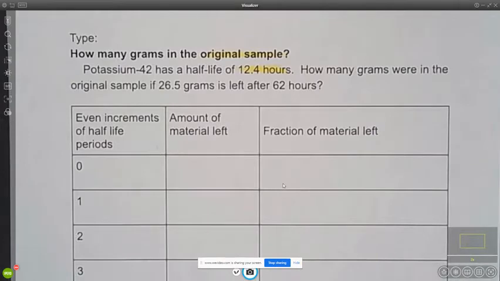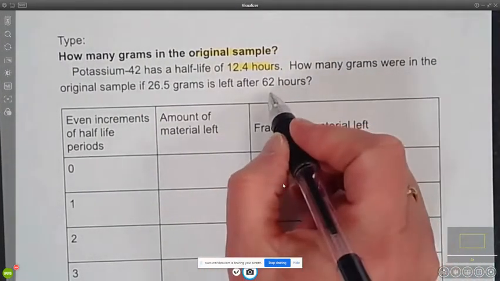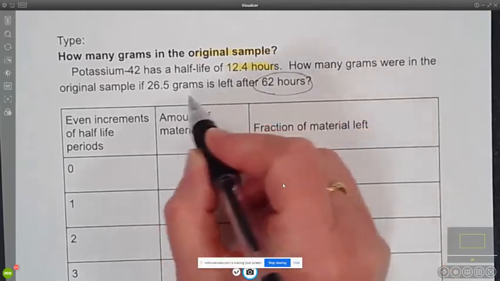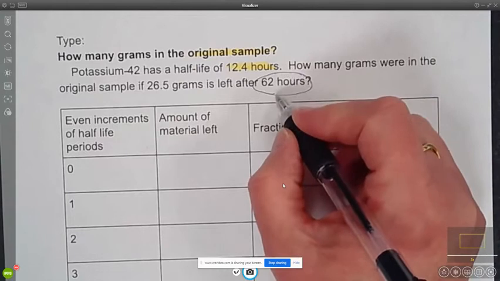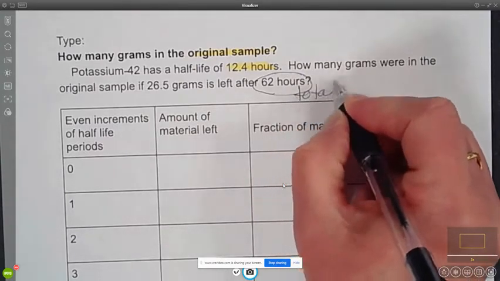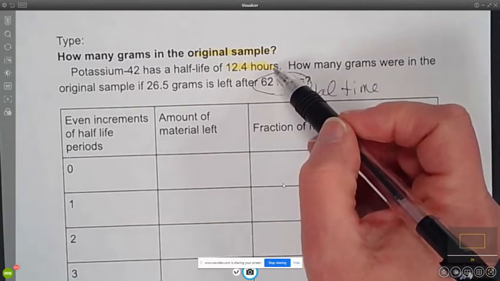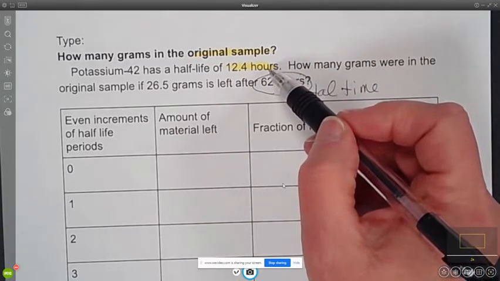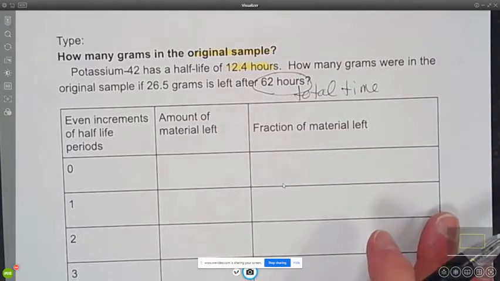So let's get started. I want to know, in 62 hours, how many grams, if I've got 26.5 grams left after 62 hours, this is my total time. And if one half-life is 12.4 hours, I need to find out how many half-lives have occurred.